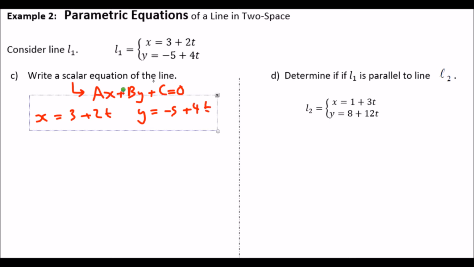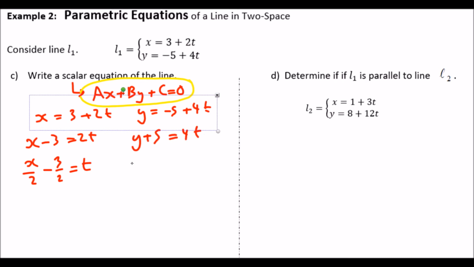The scalar form does not have a t, so I'm going to isolate for t in both and set them equal to each other and solve. So x minus 3 is equal to 2t. Divide everything by 2, so x over 2 minus 3 over 2 is equal to t. Over here, y plus 5 equals 4t, so y over 4 plus 5 over 4 is equal to t.